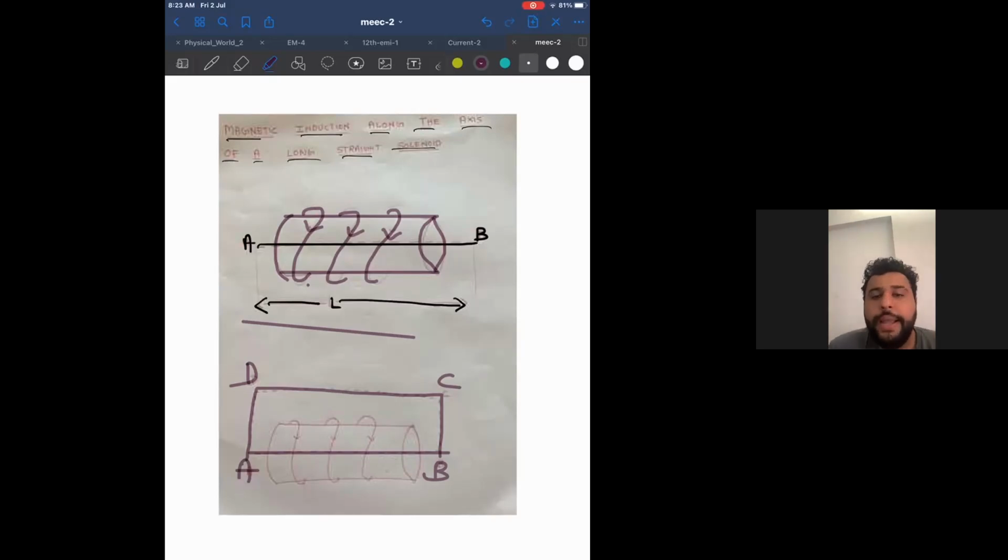Full stop. To satisfy Ampere's law, we imagine AB to be a part of a rectangle ABCD as shown in the figure below.